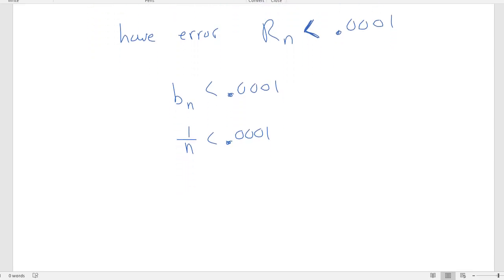So I multiply the n to the other side and then divide by the 0.0001, and my n has to be bigger than that value, which is 10,000. So my n has to be greater than 10,000. That's the way that I like to look at that.